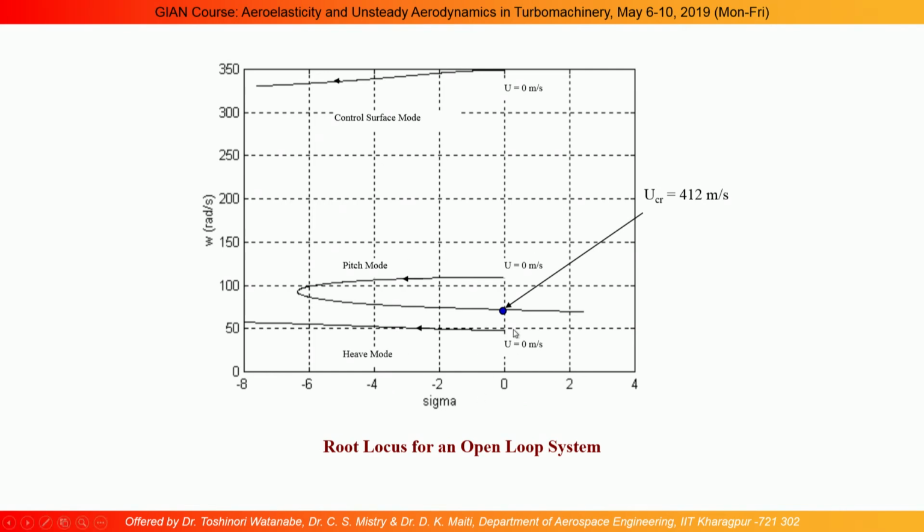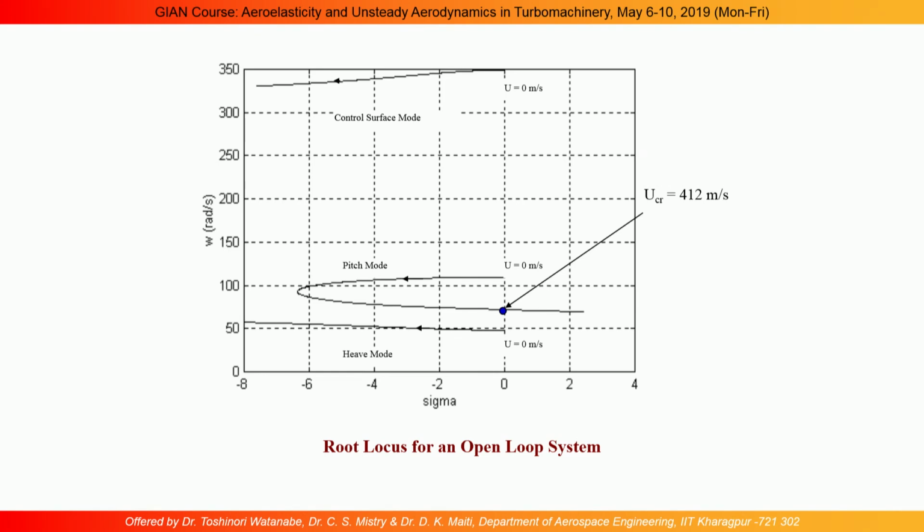If you look at that, this is the bending mode, this is the torsional mode, and this is the control surface mode. Usually the control surface mode will be higher frequency. For a velocity when it is starting, the damping is increasing in this direction, meaning for higher velocity it is going in this direction. The bending mode will not flutter, whereas the torsion mode initially was increasing, then suddenly comes down and crosses from the left side to the right side.